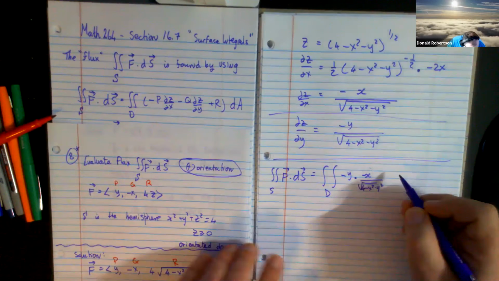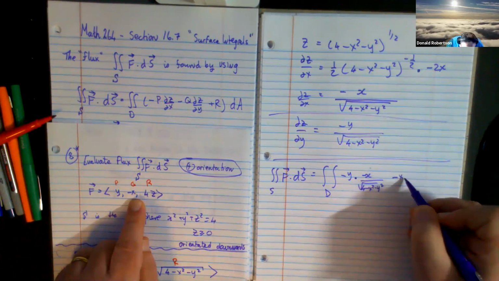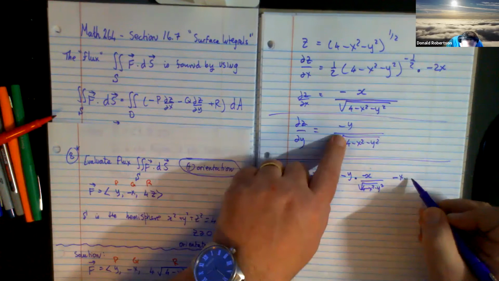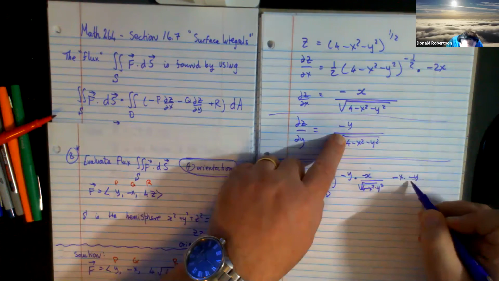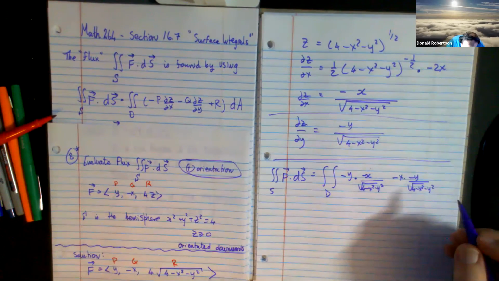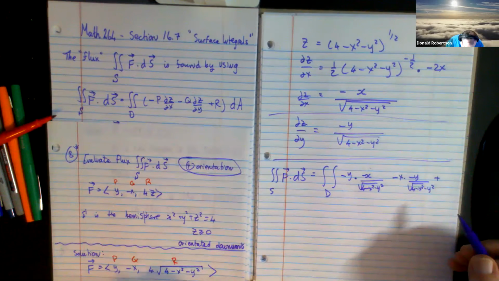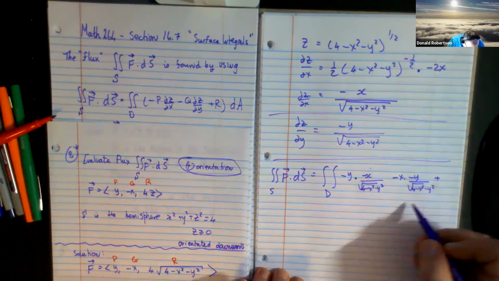Then it's going to be negative X times this fella. And then it's going to be plus R. And R is, I don't have enough room. R is this fella.